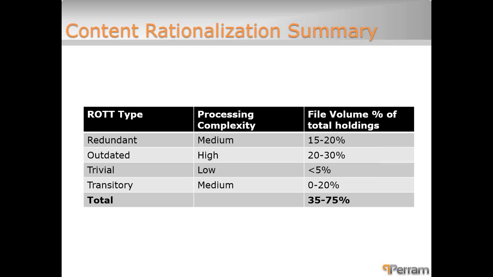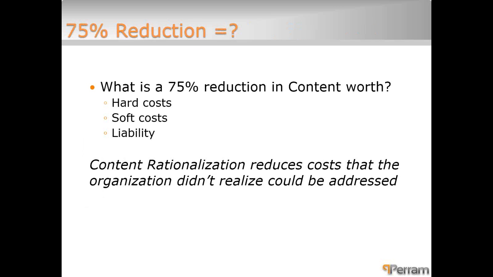And transitory, again, depending on definition and ability to process based on that definition, somewhere between 0 and 20%. So the upside is really a 75% reduction in content. Sounds like a lot, but the reality is your organization probably only needs 20% of the content that you're storing right now to exist and function effectively.